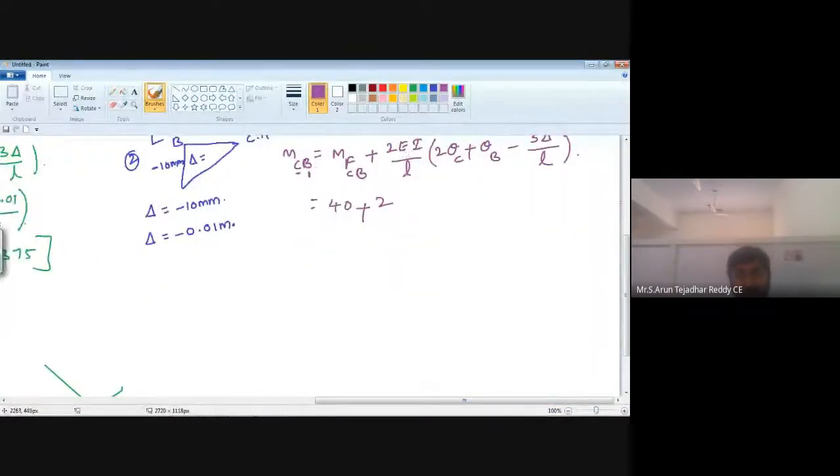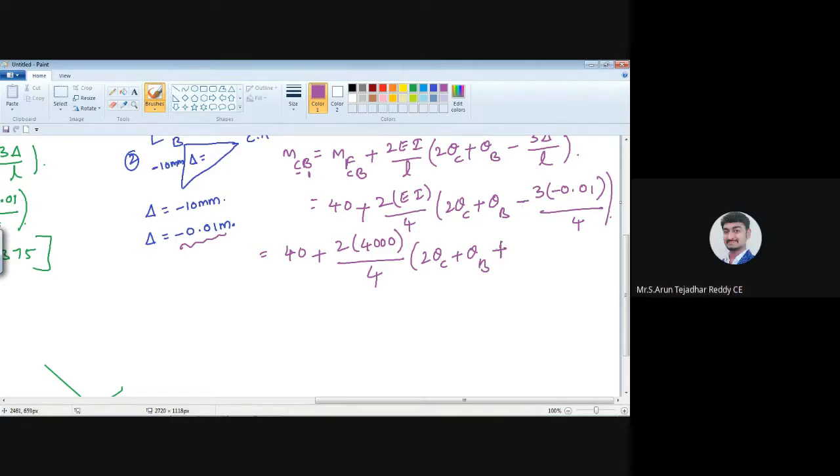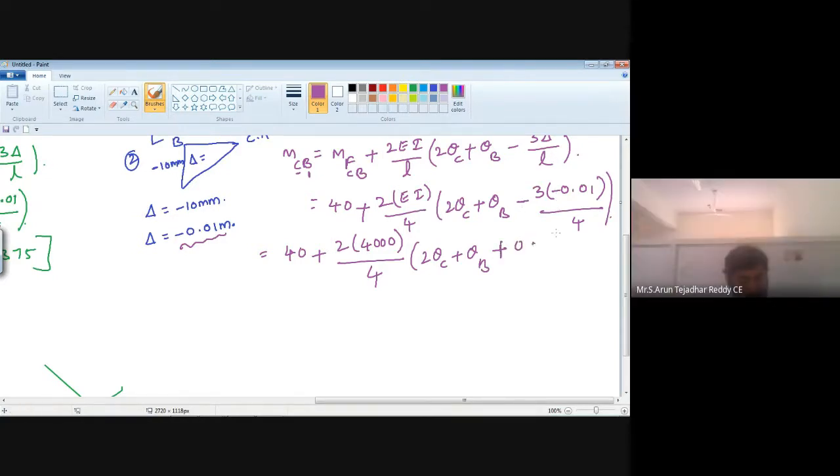So in place of EI, first substitute EI by 4 into 2 theta C theta B minus 3 into delta. Delta means minus 0.01 by 4. Now 40 plus 2 into given EI in the problem is 4000 by 4. 2 theta C plus theta B minus into minus plus 0.0075.